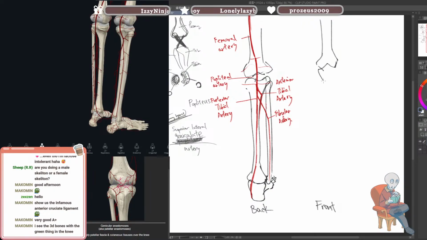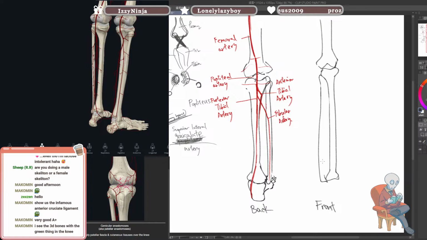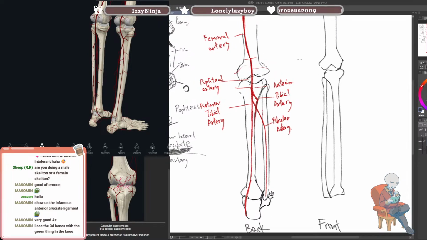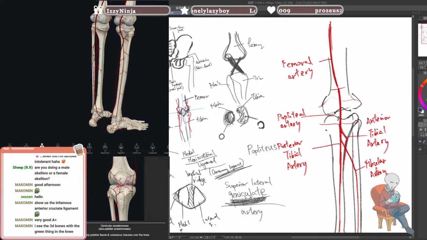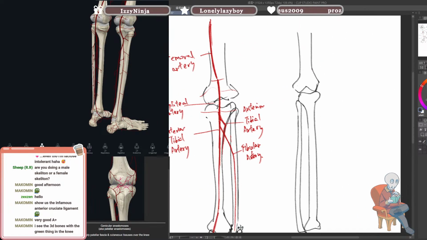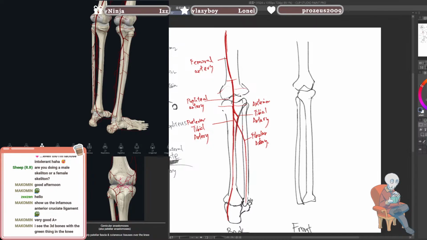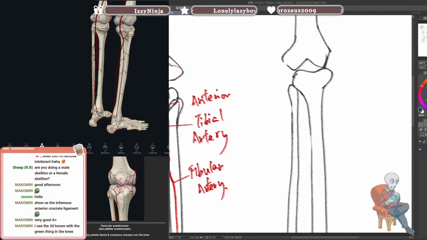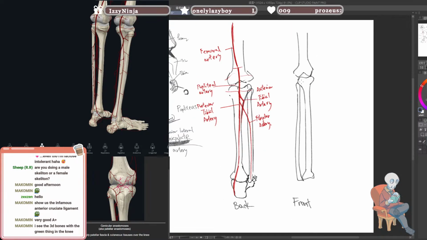And then the tibia. And then the fibula. And you can see that your fibula doesn't touch your femur. It just sort of extends on the lateral side of the tibia.